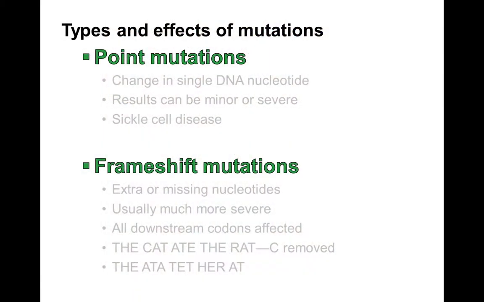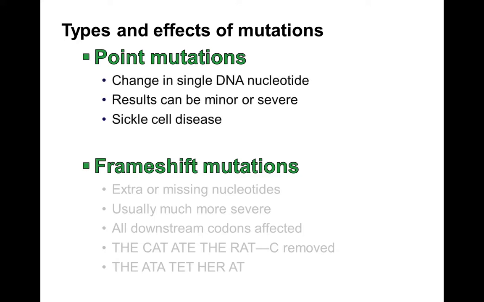So, mutations can be of different kinds. And there are two that I want us to discuss, just briefly. Point mutations are mutations that take place at a single point. This single small change can have either minor or major consequences.